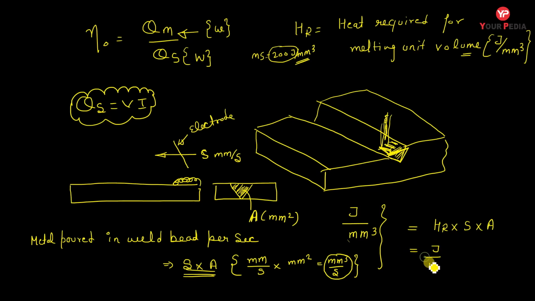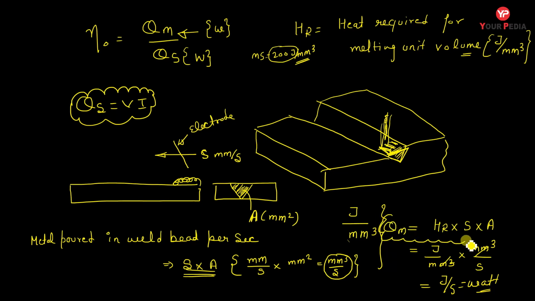Sir, joule per mm cube into mm cube per second. So mm cube cancels, the final unit is joule per second, that is watt. So this is the total amount of heat required for melting, that is Qm.